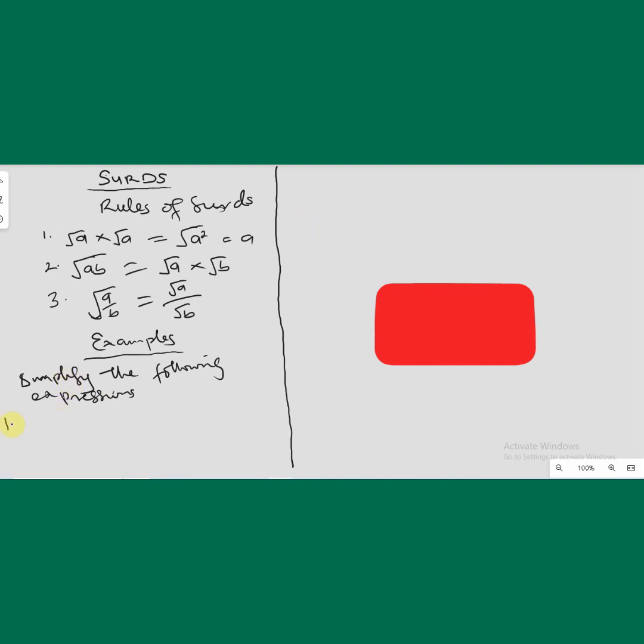First one, for instance, square root of 28, then 2 square root of 45, then 3 square root of 12 over 9, this is 12 over 9, then 4 square root of 27.